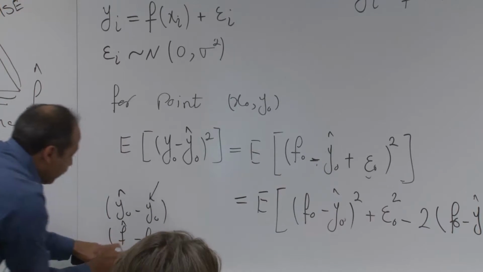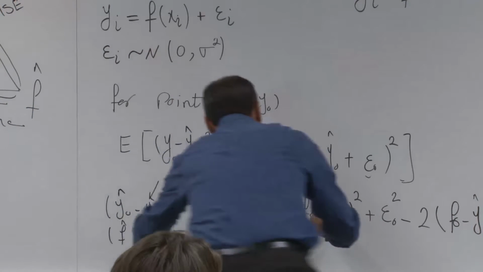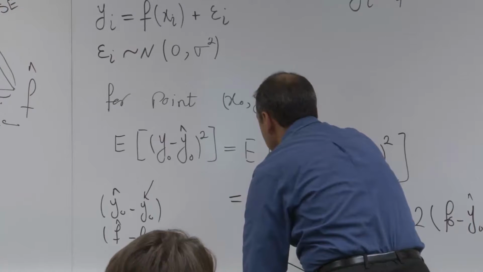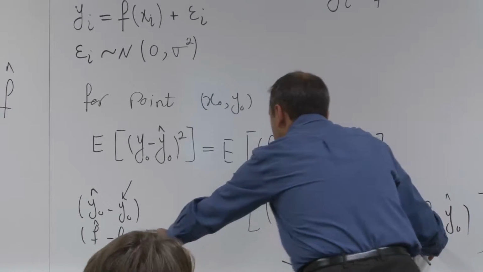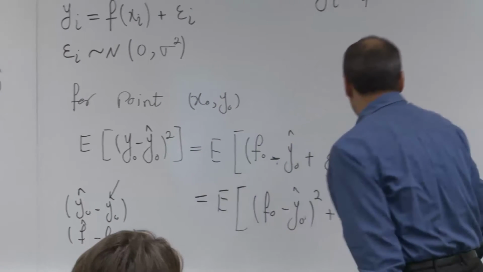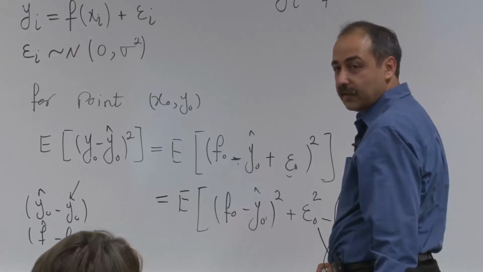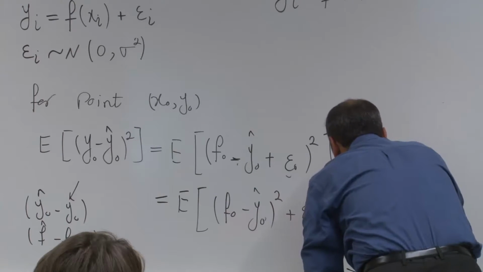So then I have f hat minus f squared, epsilon squared, and epsilon times f hat minus f. Basically, I can write all of these y hats as f hat now.